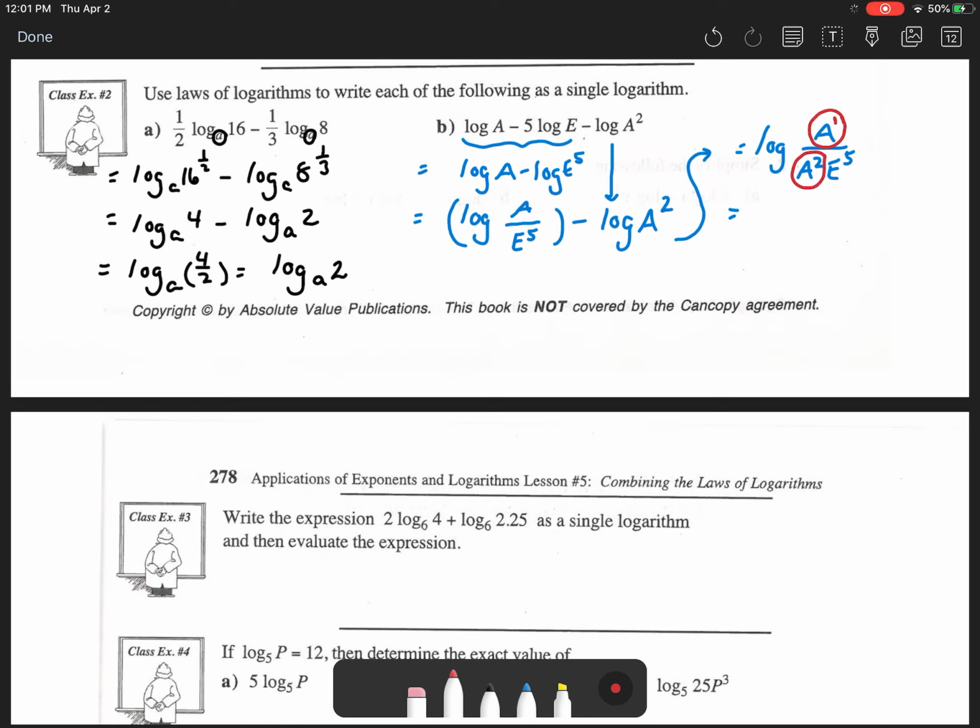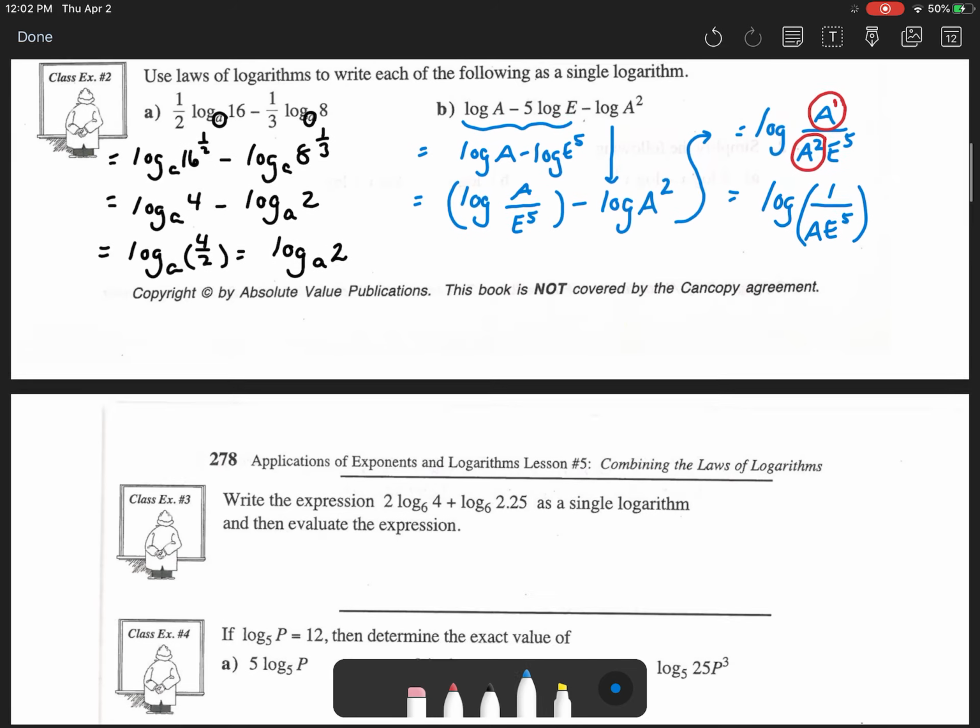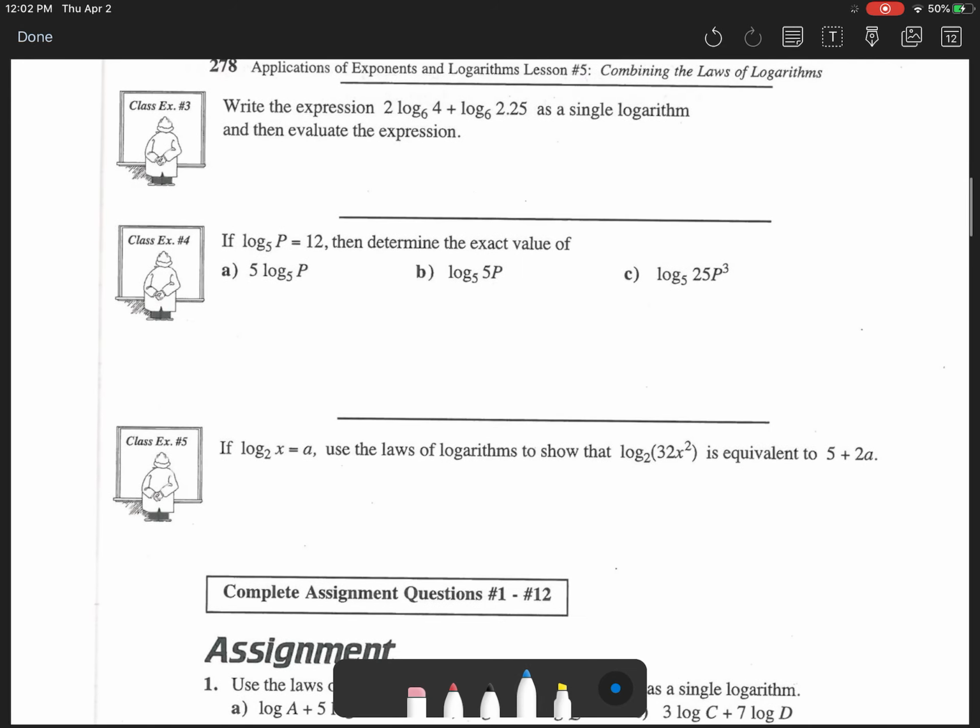So I have a to the exponent of 1 and a squared. I can reduce this expression by canceling out 1 a. So then I will basically have log base 10 of, that a up there is gone, 1 over a e to the exponent of 5. And there is your single logarithm. So that is done. Next page.